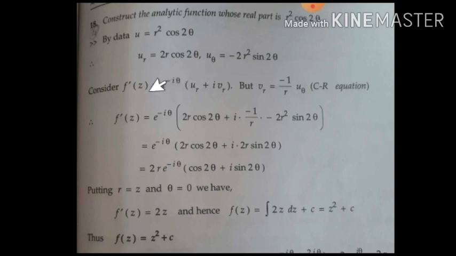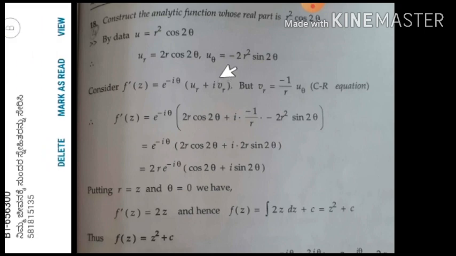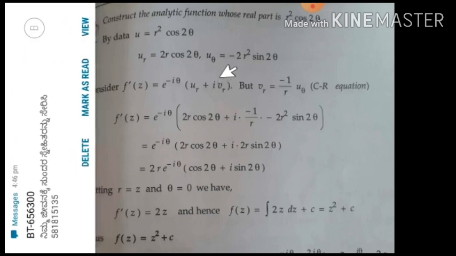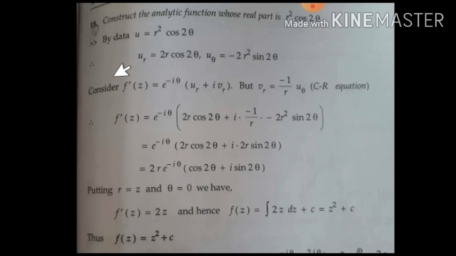We know f dash of z in polar form is e to the power of minus i theta times (u_r plus i v_r). Since the v_r term is not there, we can replace it using the CR equation for v_r as minus 1 by r into u_theta.